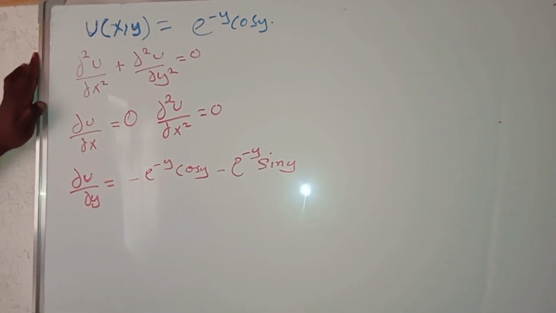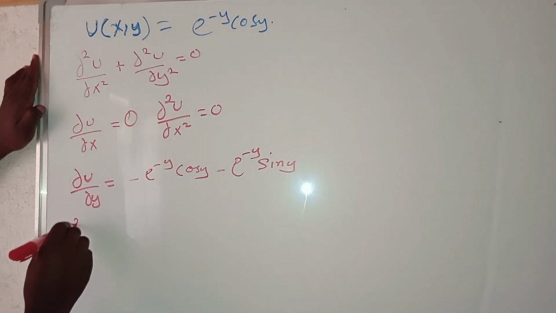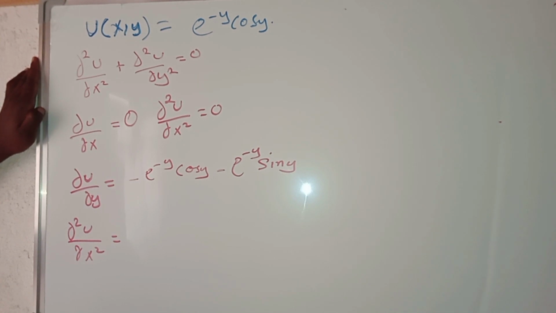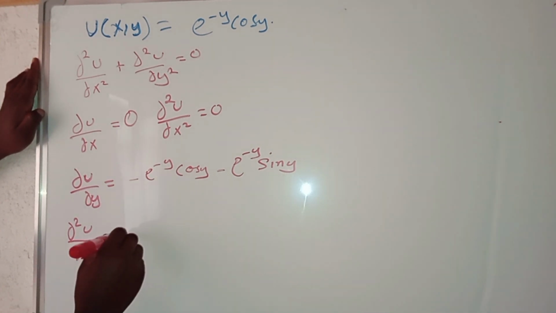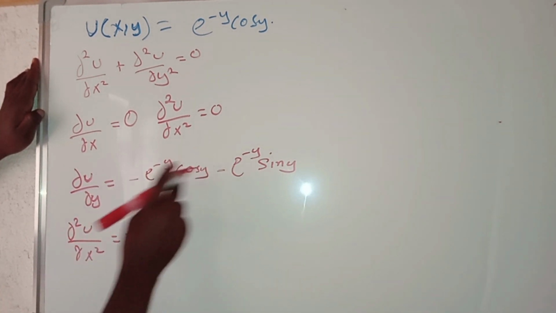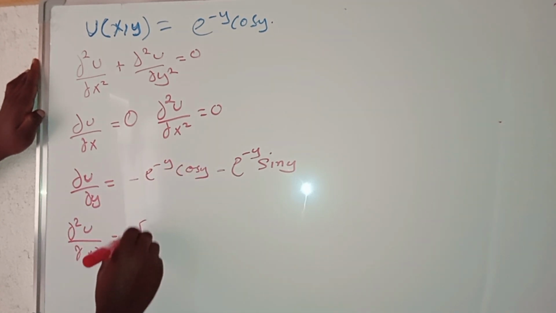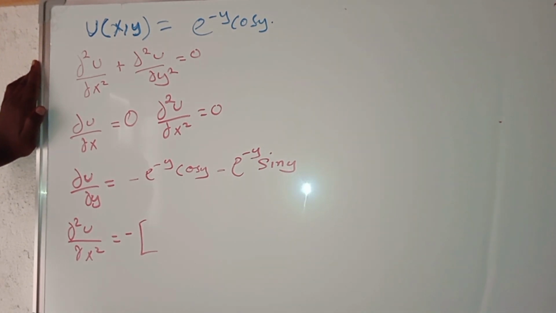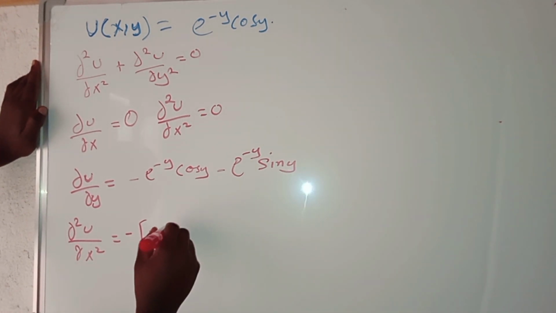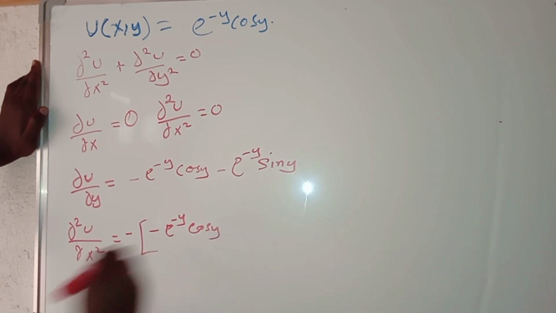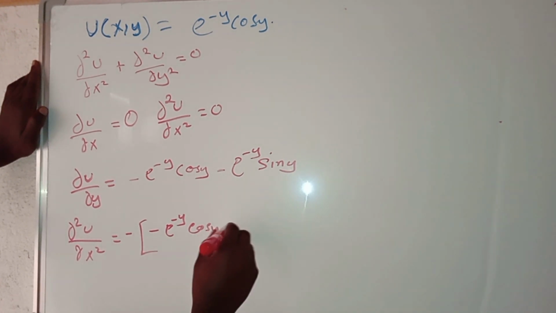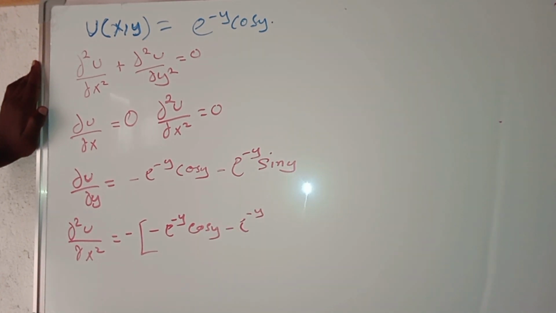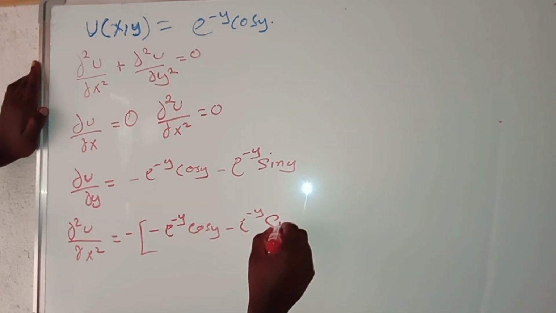So for the partial second derivative of u with respect to y, we factor out the negative. Negative is on both terms. So you find the derivative of e raised to the power negative y times negative cos y, which is e to the minus y cos y, minus e to the minus y sin y.